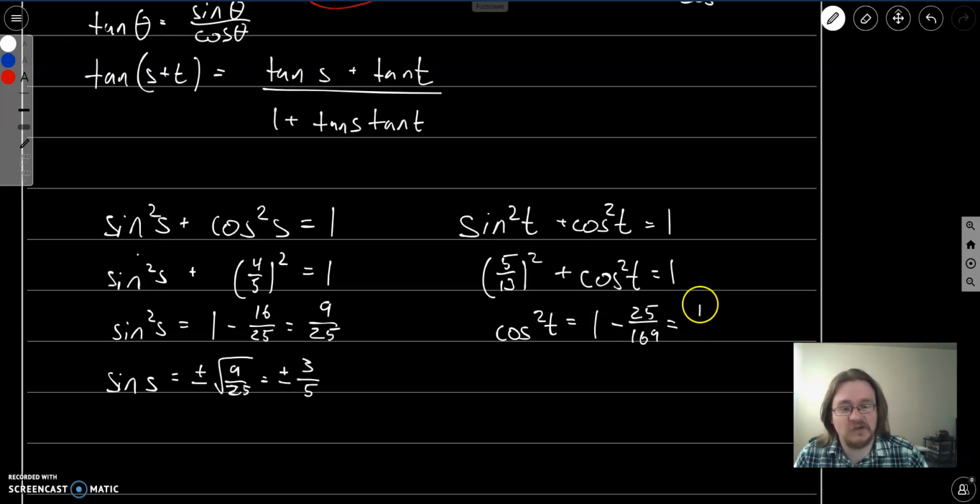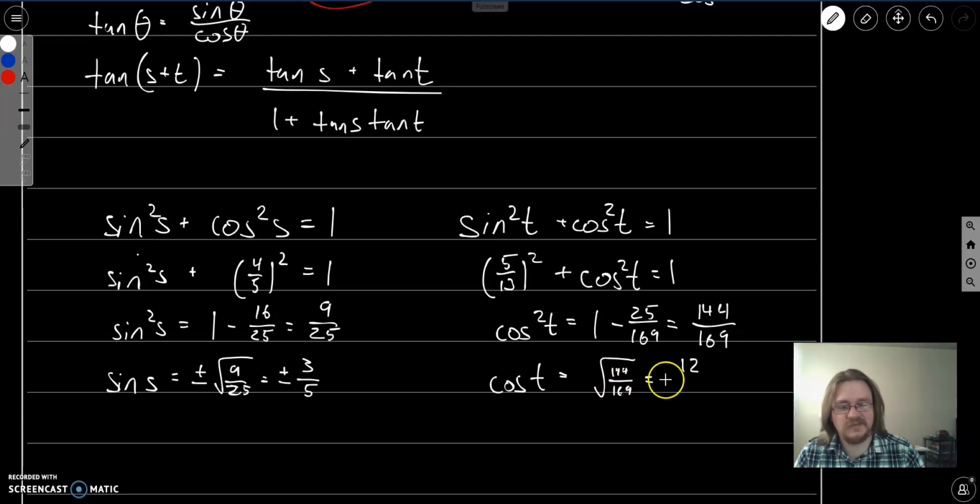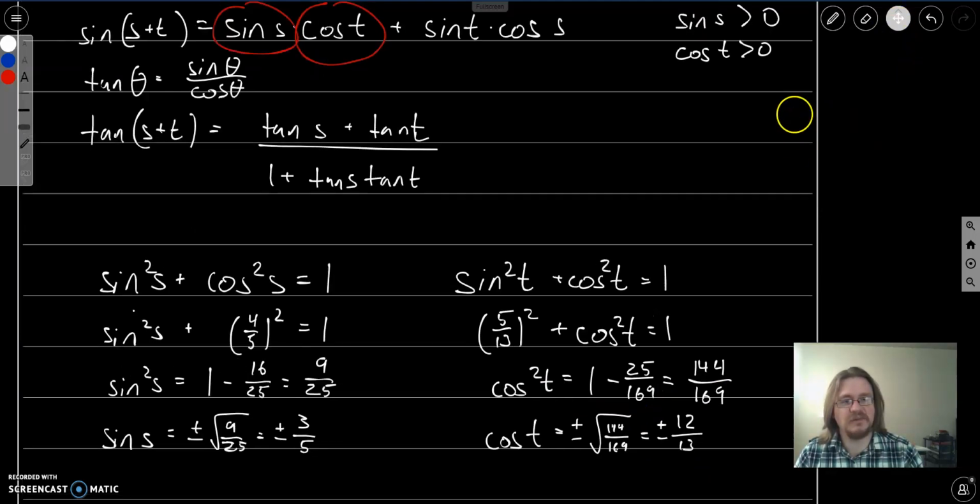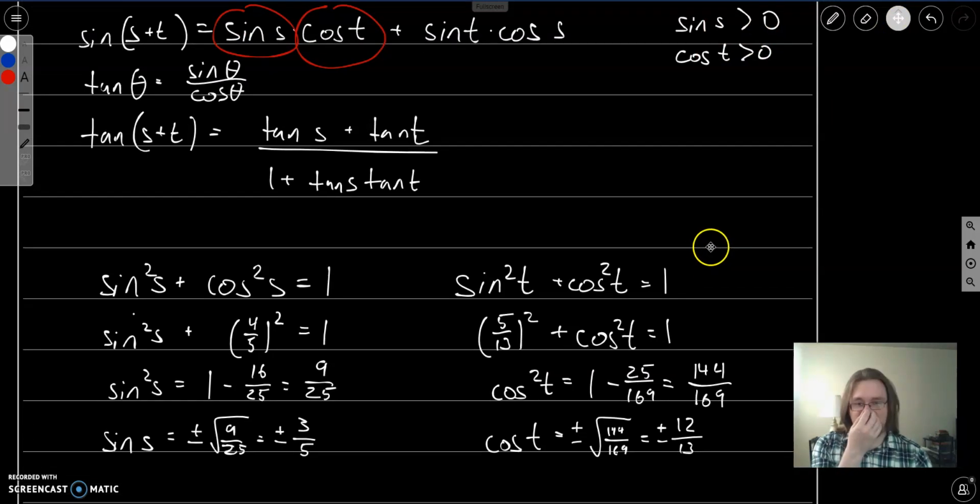I think if I do that correctly, it's going to be 144 over 169. And because I knew what this was going to be when I set it up, when we take the square root of both sides, the square root of 144 is 12, the square root of 169 is 13. And again, we could technically get plus or minus, but we know that we want the positive root, because everything is in quadrant 1. So let's plug and chug.